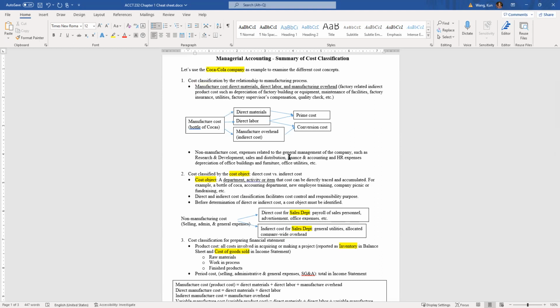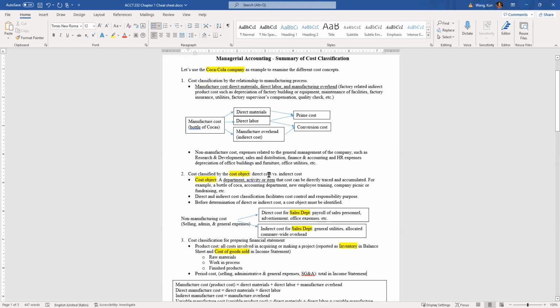We first take revenue minus the cost of goods sold, and you get the gross profit. Then the gross profit needs to be reduced by all of the selling, admin, and general expenses, so we get the net operating income.